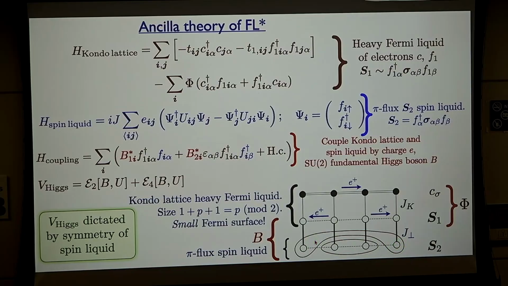Then you take these two spins and write them in terms of spinons, F1 and F2, and plug it into the Hamiltonian. That's the Hamiltonian. It's got these exchange couplings.